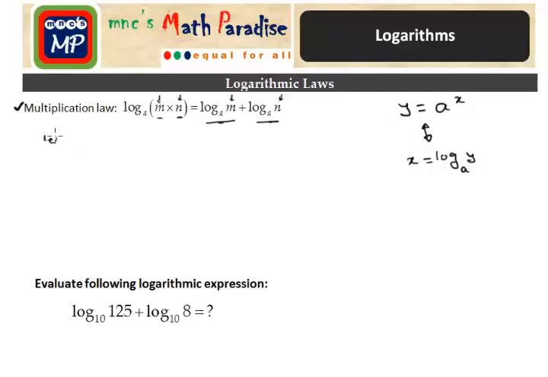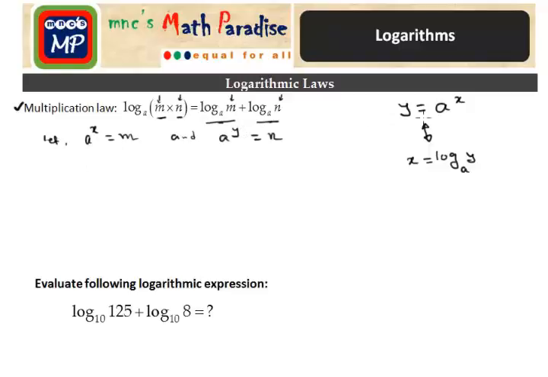So let a to the power x equal m and a to the power y equal n. So we are considering m as an exponent a to the power x and n as an exponent a to the power y.